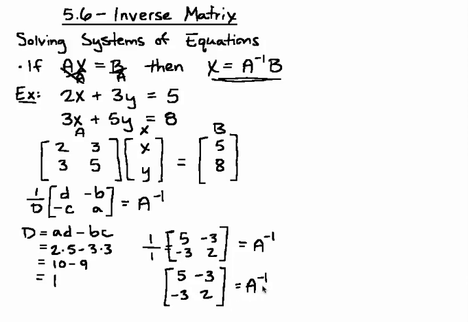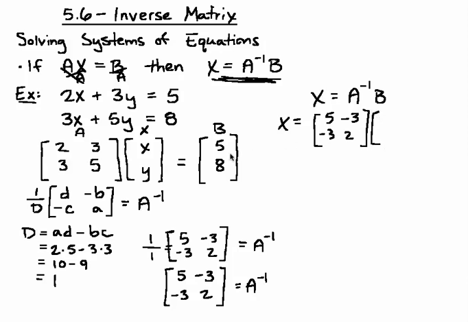Now we found the inverse, and now we can go back up to our equation x equals A inverse B. So now we need to multiply 5, negative 3, negative 3, 2 times the matrix B, which is 5, 8.